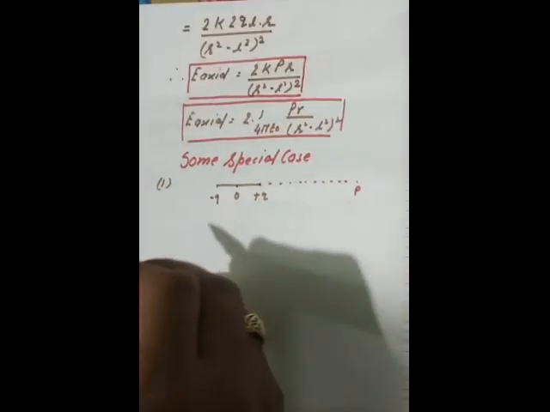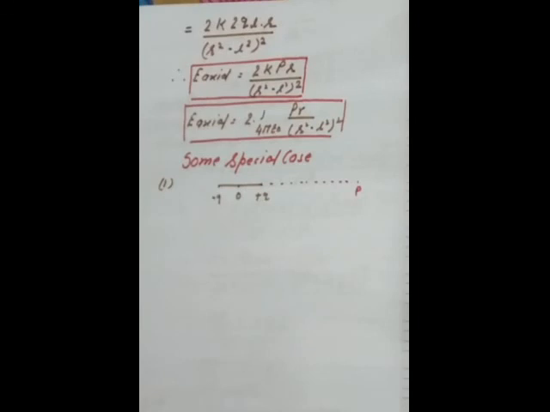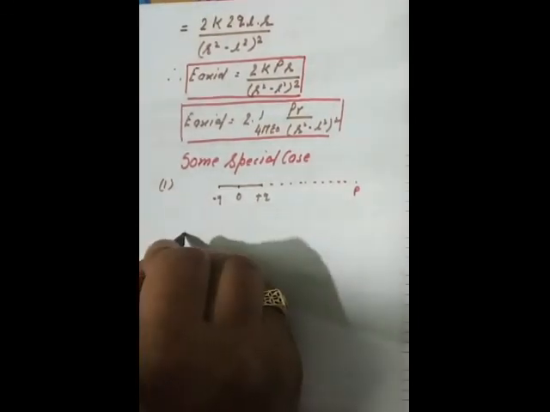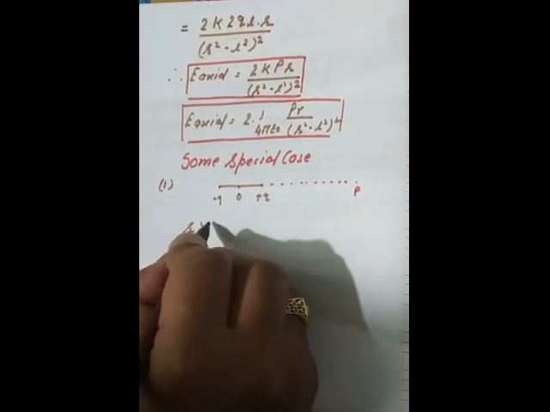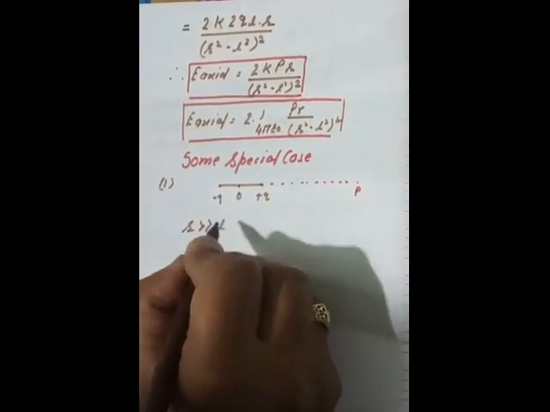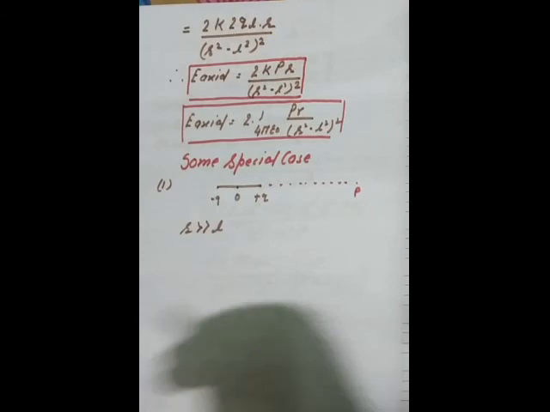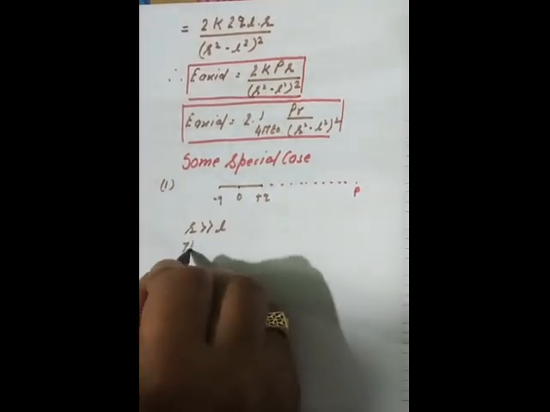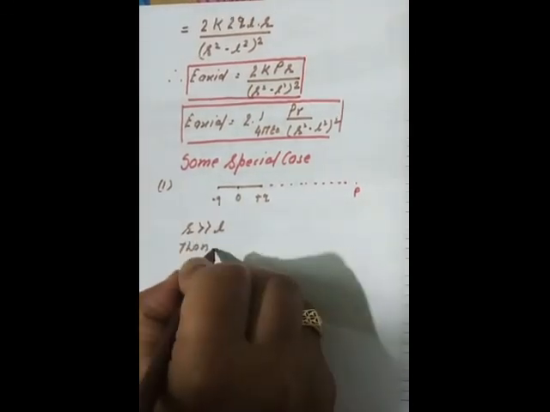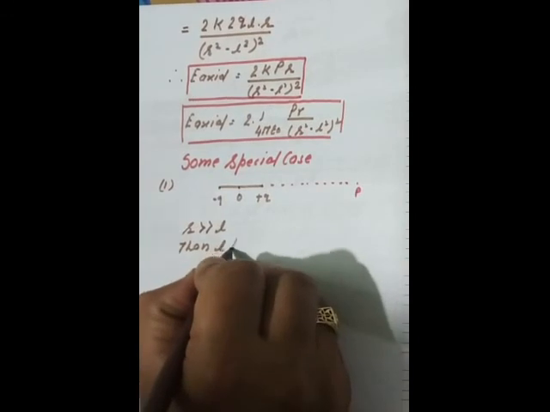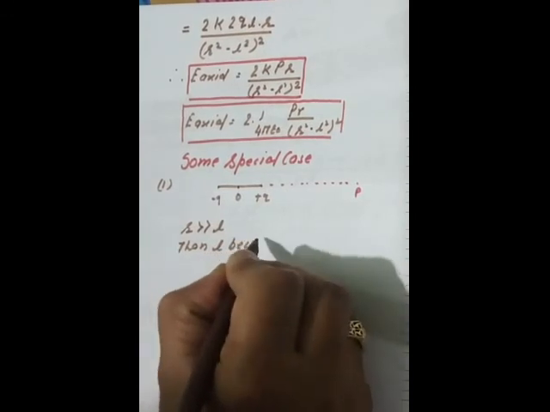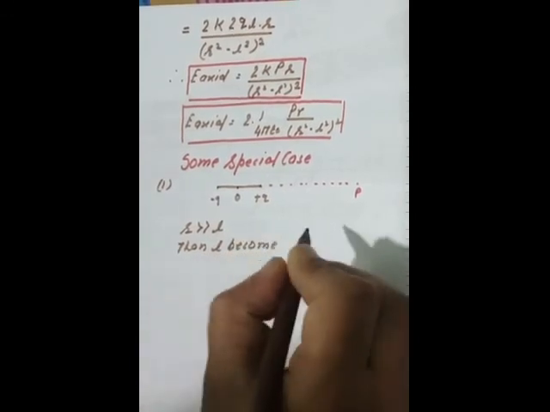In that case, R is too much larger than L. Then L became negligible.